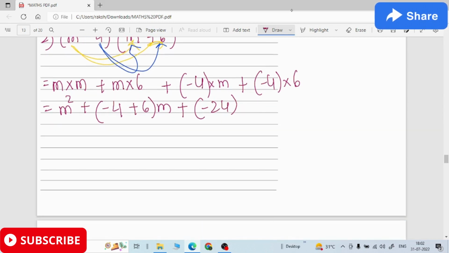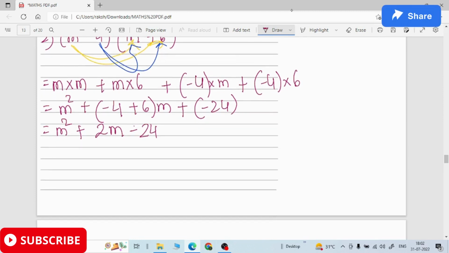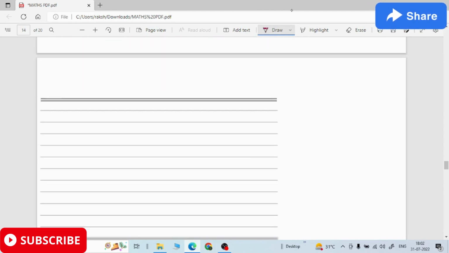So the answer is m square plus 2m minus 24.